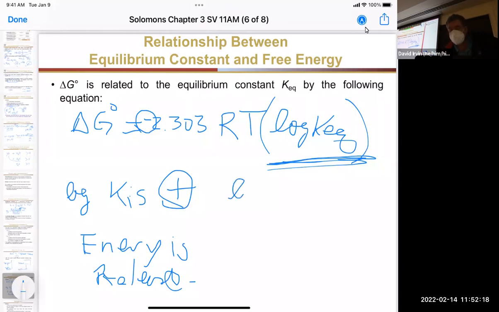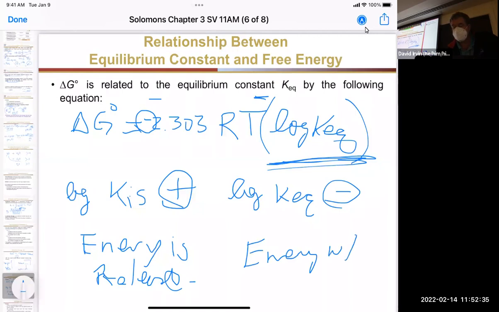If the log of the equilibrium constant is negative, we're going to have a negative here and a negative here. You're ending up with a positive Gibbs free energy, and that means energy was absorbed, because the products have more energy than the starting materials.